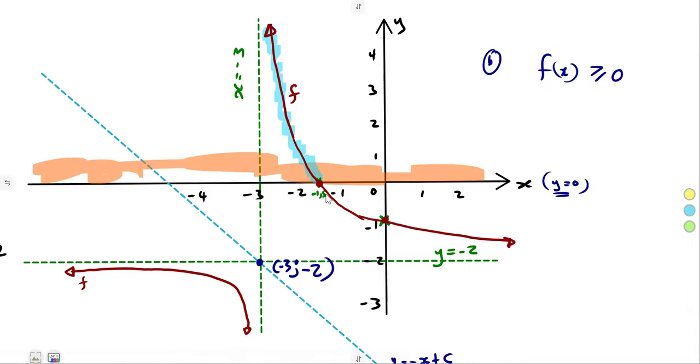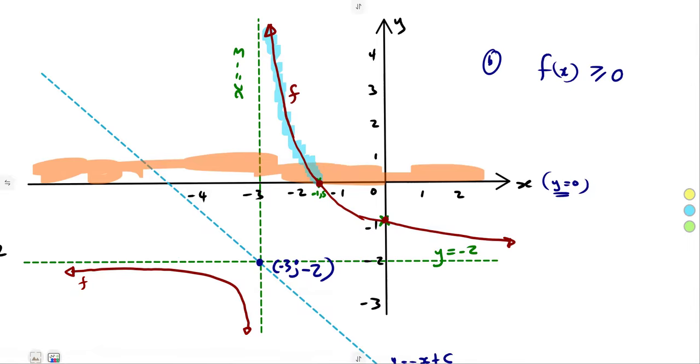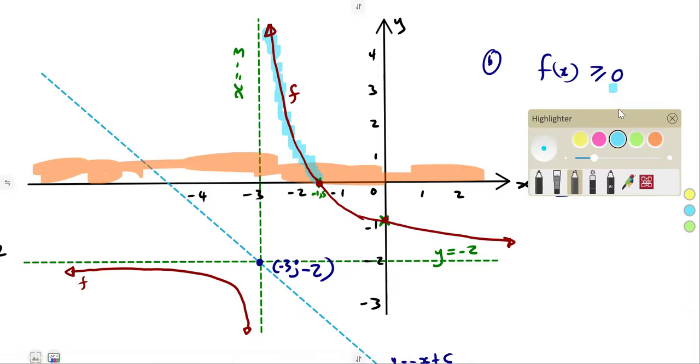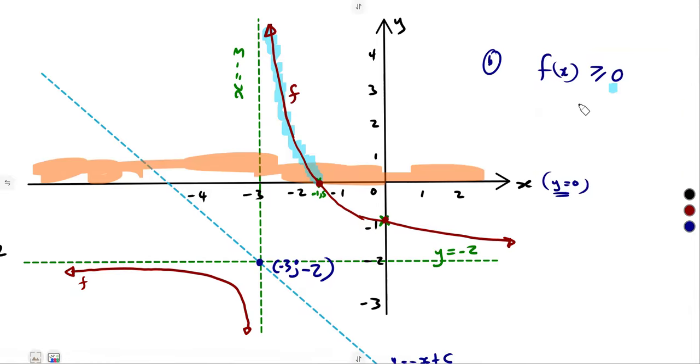The moment we move from minus 1,5, guys, it is now below the x-axis. We cannot take this part as that is below the x-axis. Above the x-axis, y is equal to 0, above those values. So we are supposed to consider our x values from this piece only, from here, this region.